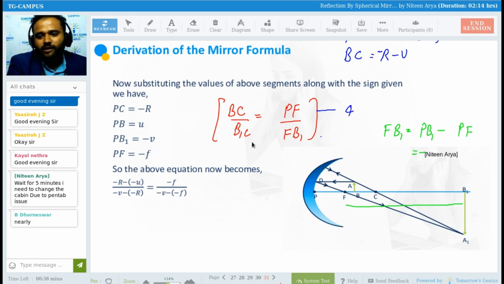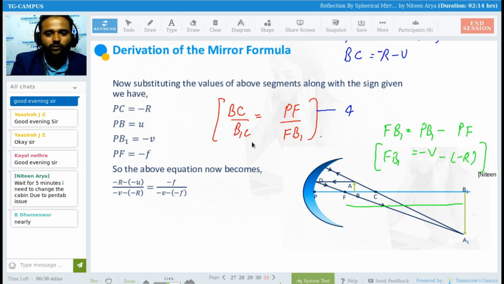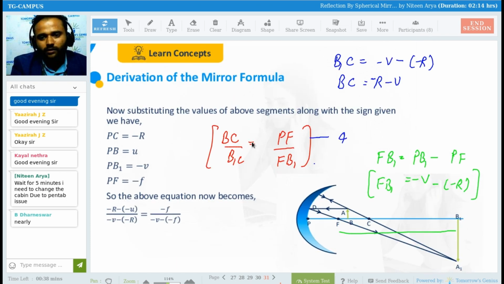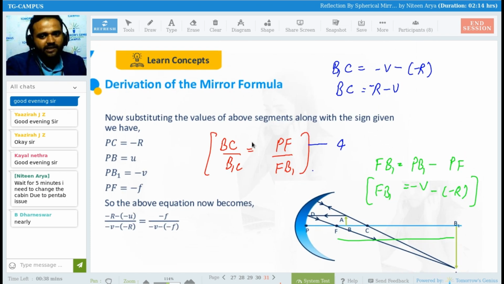Here PB1 is minus V and PF equals minus F. So this is my FB1. Putting every particular value, I already wrote it down here: B1C, BC, and PF we already know, minus F, and then FB1.